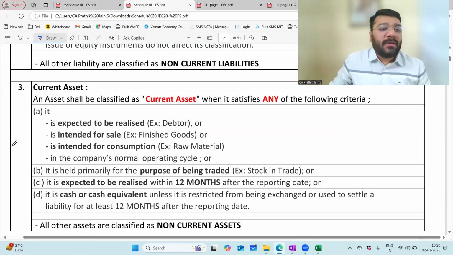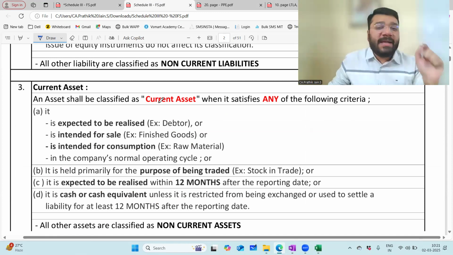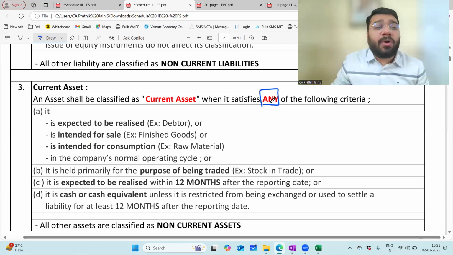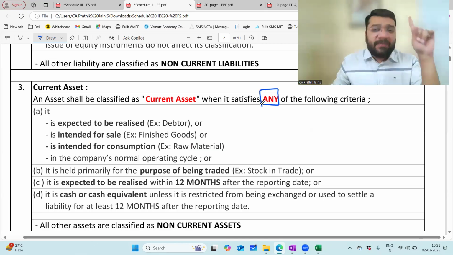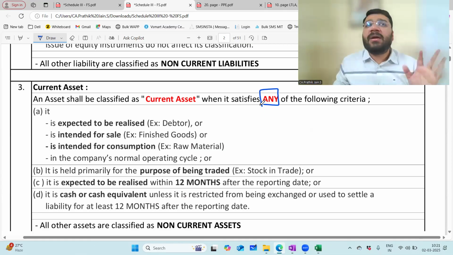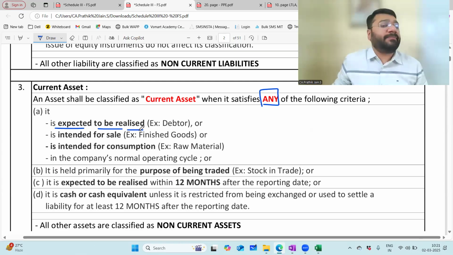An asset shall be classified as current asset when it satisfies any of the following criteria. It's not all of the following criteria, any of the following criteria. If any one is triggering, then it is current asset. Otherwise, non-current asset. First one, current asset is expected to be realized in the company's normal operating cycle period.